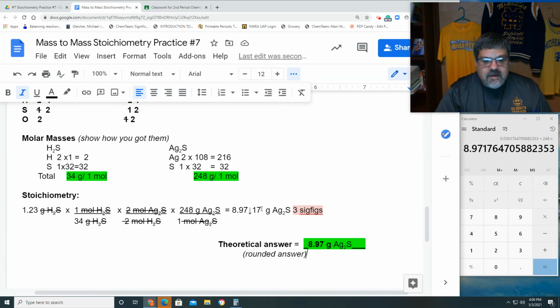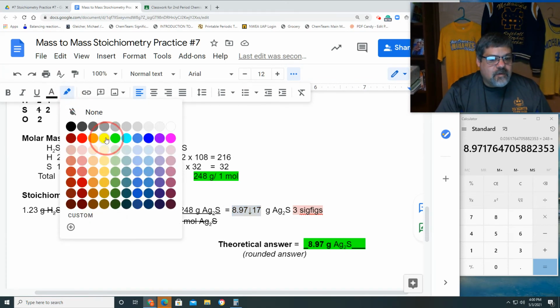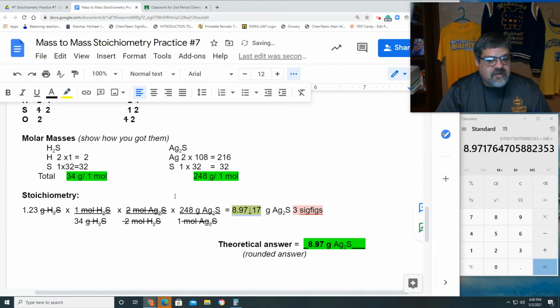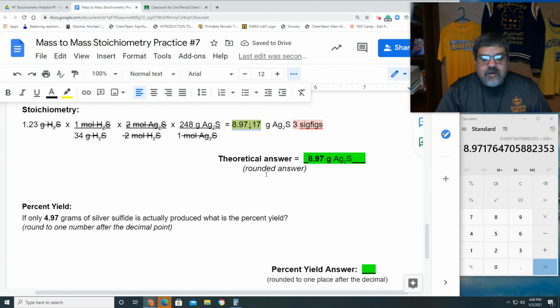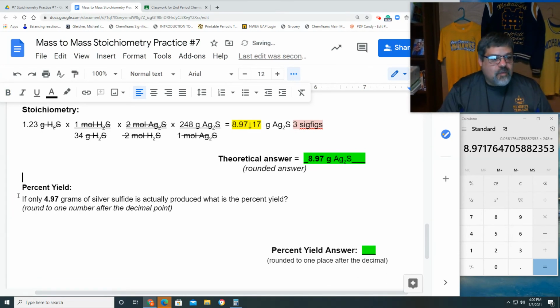We have our stuff here, but now, again, I like to make sure that we know that we're talking about that. So we're going to look at all those numbers. That's good. So now we're going to go ahead here and do our percent yield. So what is our percent yield?